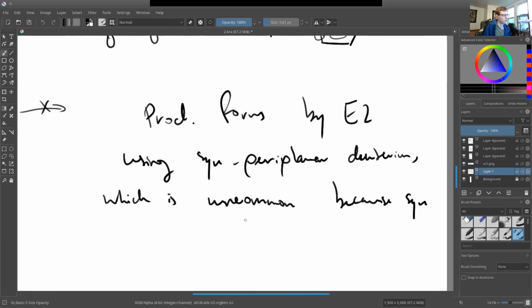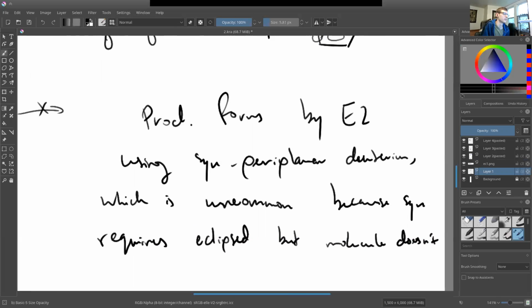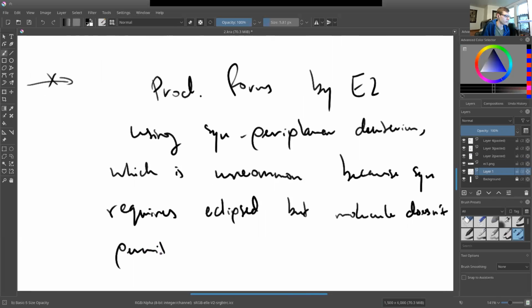Because syn requires it to be eclipsed, but the molecule doesn't permit anti-periplanar hydrogen.